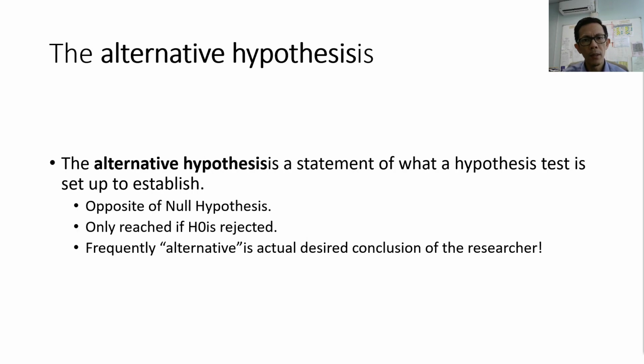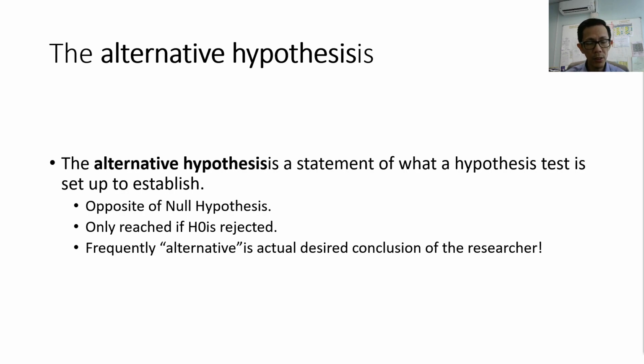correct. The alternative hypothesis, sorry for the spelling mistake there, is a statement of what a hypothesis test is set up to establish. So the alternative hypothesis is the opposite of the null hypothesis. It is reached if the null hypothesis is rejected.